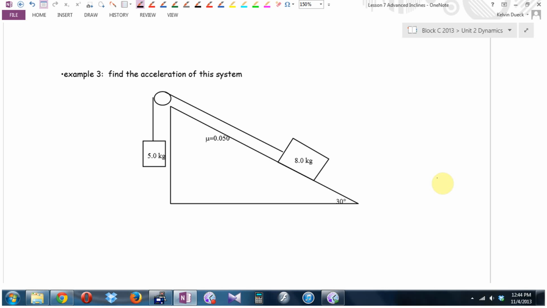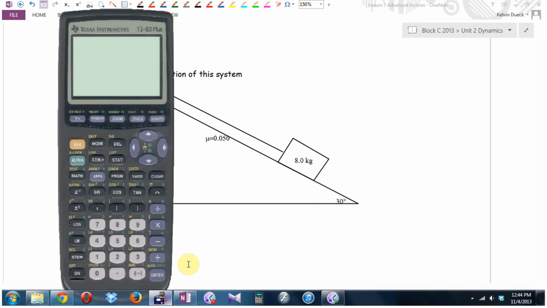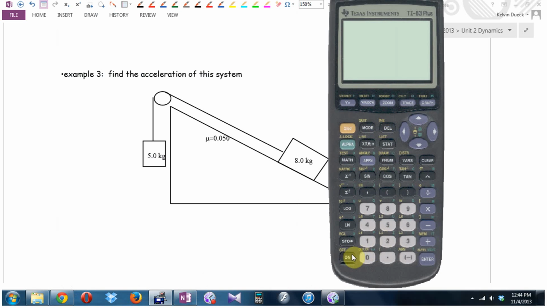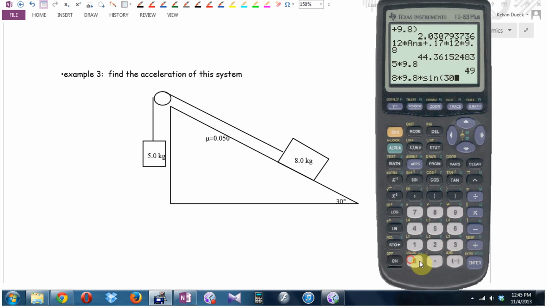So although I could find this out, I could probably say, hey, 5 times 9.8, that's what's pulling down. 8 times 9.8 times 2 lines is sine 30.